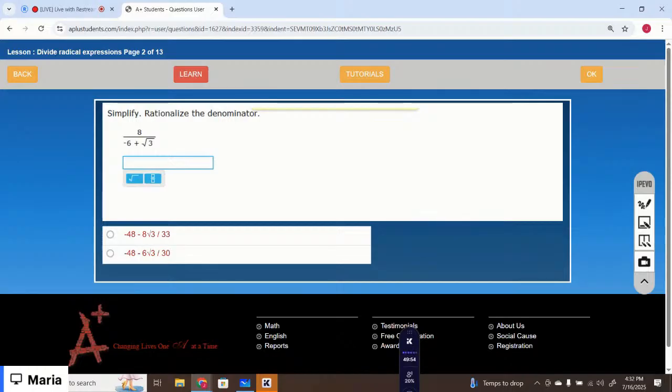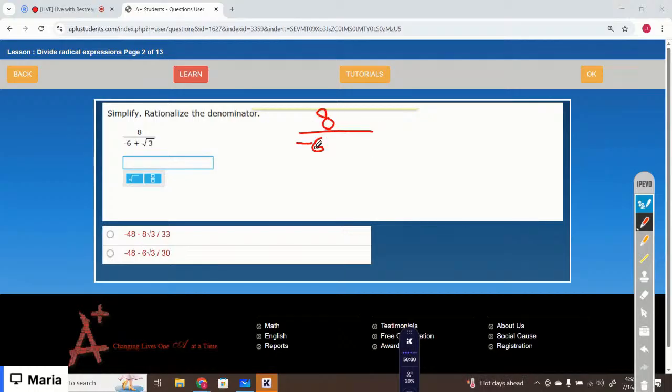8 divided by negative 6 plus square root 3. Multiply by negative 6 minus square root 3 over negative 6 minus square root 3.